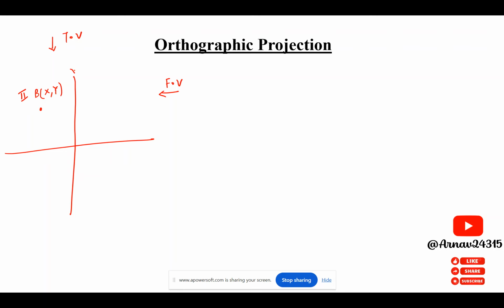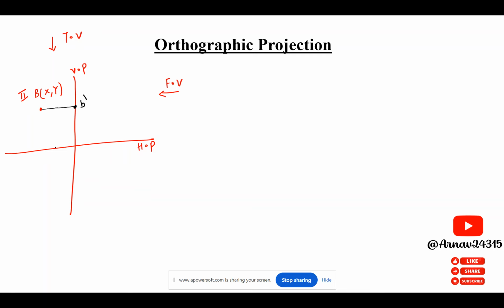Okay, so this vertical plane will become transparent, and this horizontal plane will also become transparent. Now you will see from the front, so you'll be able to see the projection on this plane of projection only. So here you will be able to observe the front view somewhere here.